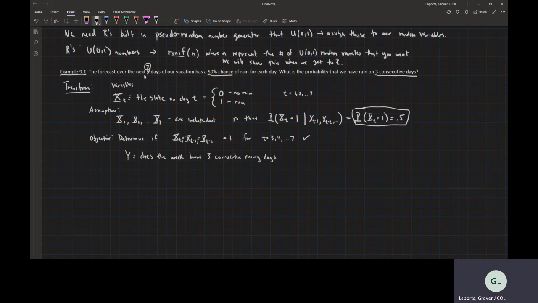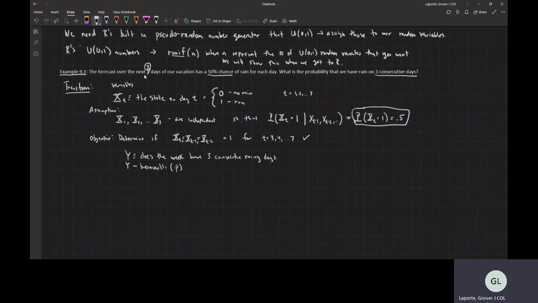So y is a 0 or 1, so it's a Bernoulli distribution with some p. I don't know what the p is. That's the purpose of this simulation, to figure out what that p is.